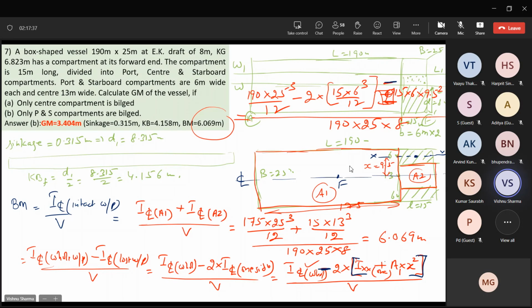No hurry. And those who are not doing it, please don't be so happy, because if there is permeability in the side tanks, then again you'll have to use theorem of parallel axis. That will be the easier way. So don't try to avoid something, especially in the class.